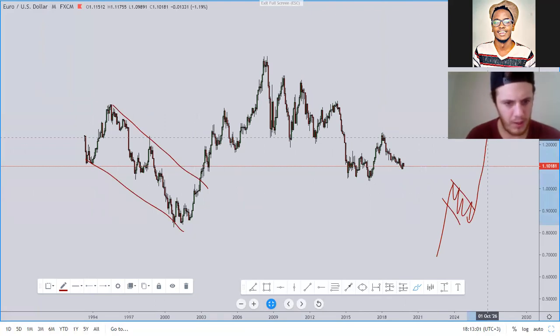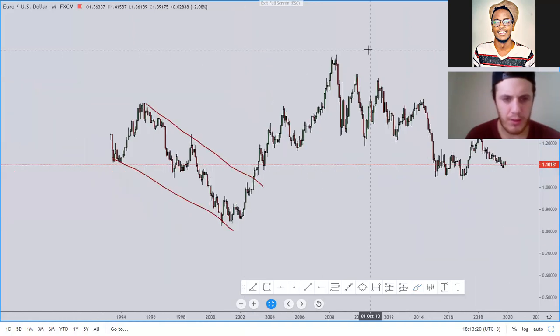If I go too fast, just let me know. Basically, what we are looking at here is that first of all, we have this liquidation phase, then followed by a continuation to the upside.